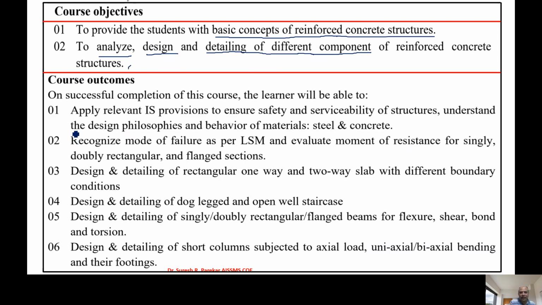Now, course outcomes: we have 6 units, and each unit has one course outcome. What is a course outcome?